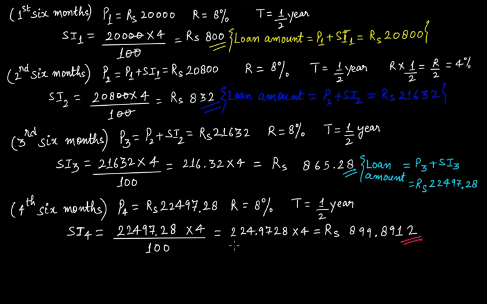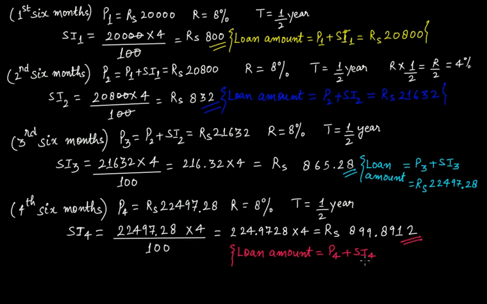Now tell me, what will be the loan amount? Loan amount will be P4 plus SI4. Now P4 plus SI4 means P1 plus SI1 plus SI2 plus SI3 plus SI4. That is the initial principal amount and the 4 interests that we have calculated up till the fourth period of 6 months. This is the last period.